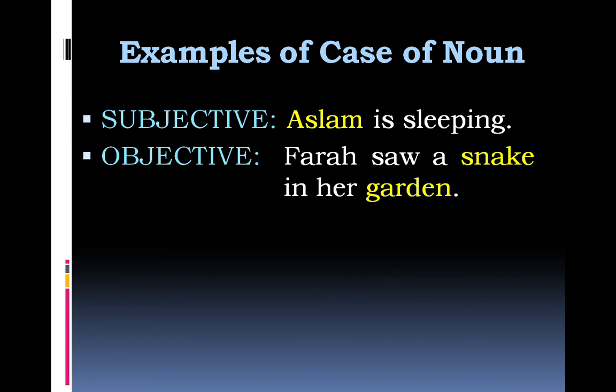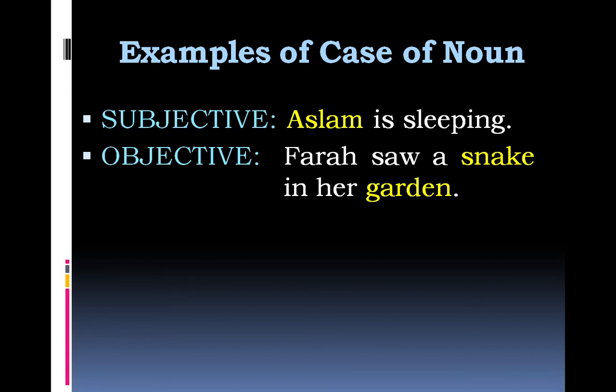Garden is the object of preposition. Just like transitive verbs, prepositions also have their objects. Prepositions show the relationship of their objects with other words that precede those prepositions. After every preposition, we'll find a noun or a noun equivalent that will be the object of that preposition.